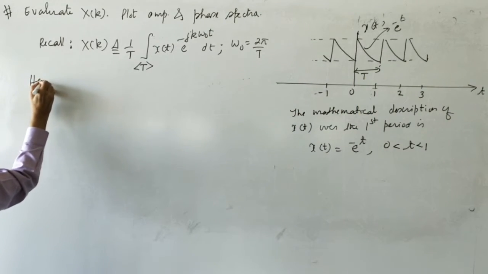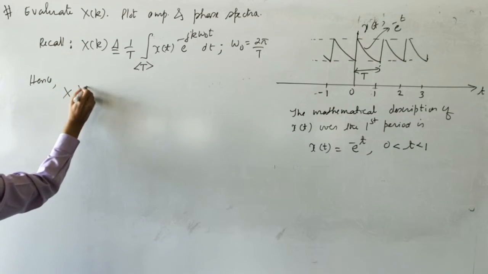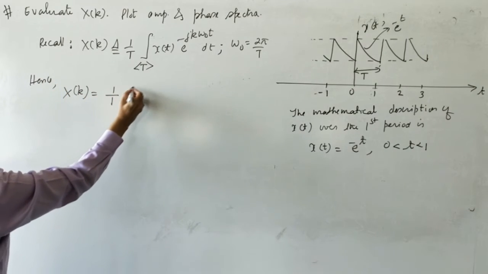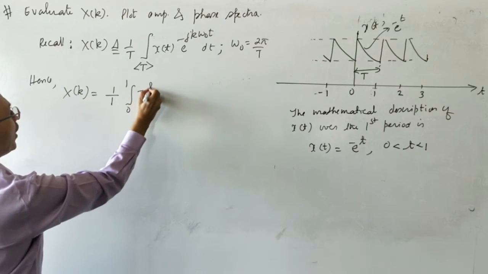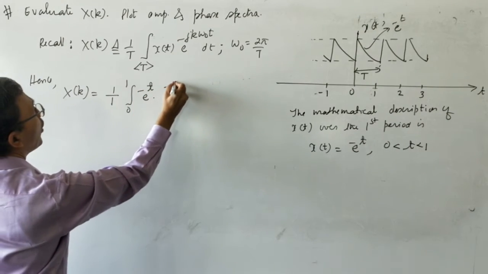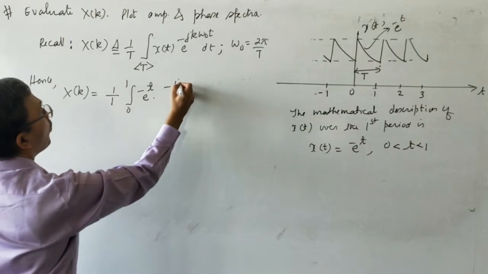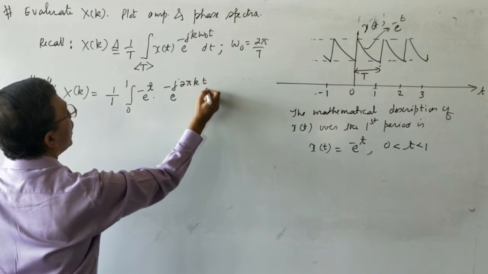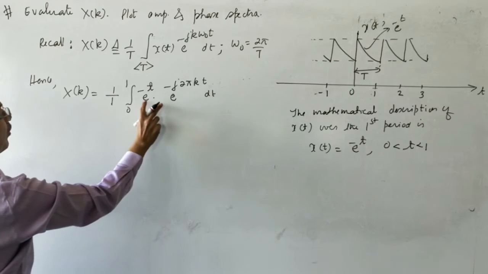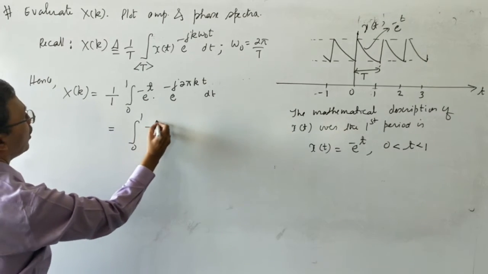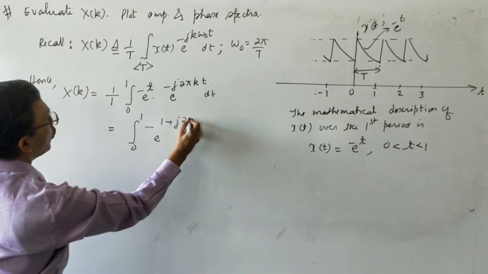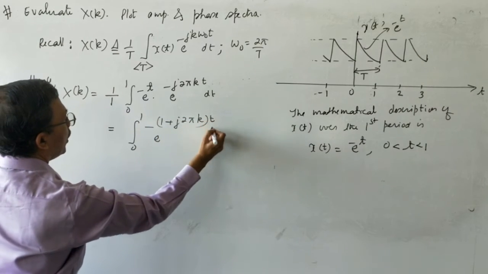Hence, x of k is equal to 1 over 1, integration from 0 to 1. X of t is e power minus t, into e to the power minus j, omega naught is 2 pi k, into t dt. I'll add the powers of these two exponentials: integral 0 to 1 e to the power minus 1 plus j times 2 pi k into t dt.